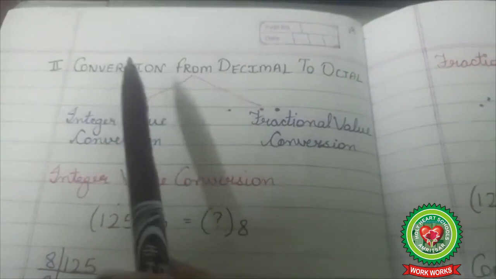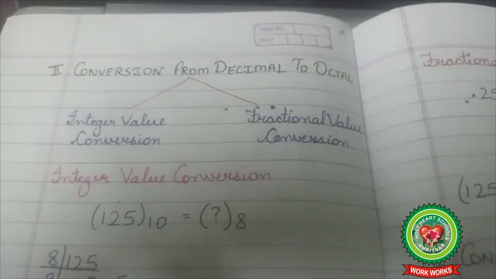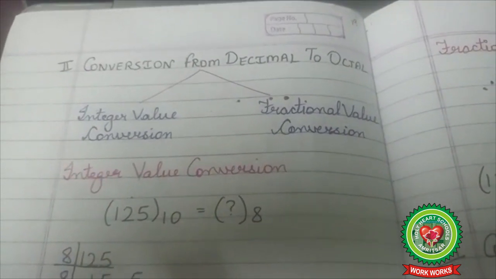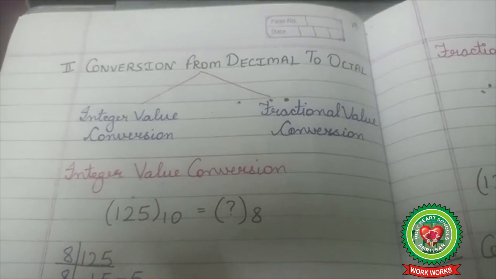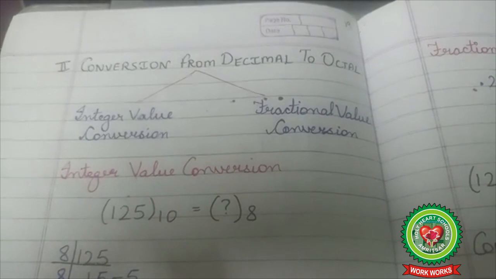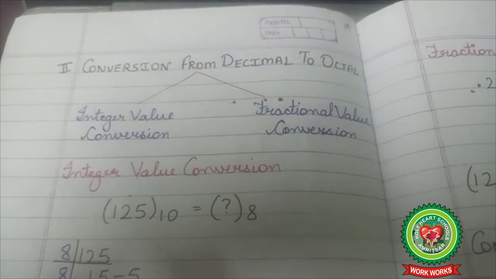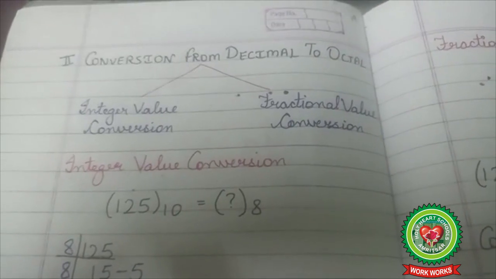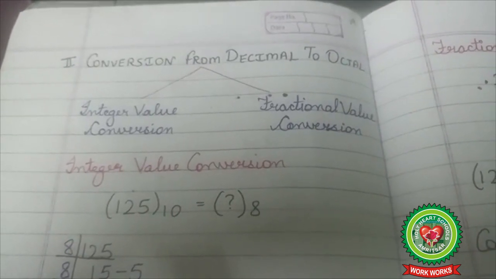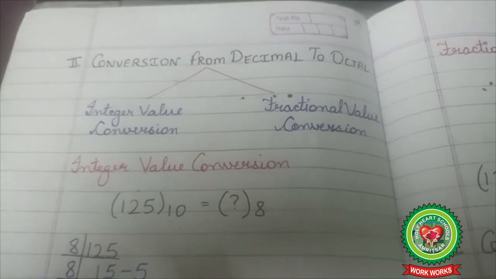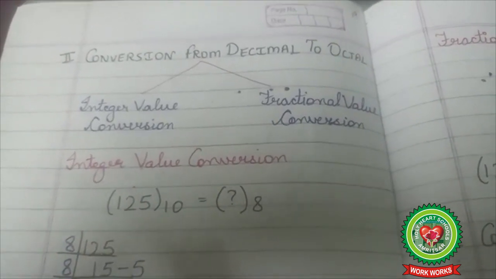Now we will learn the second conversion, that is conversion from decimal to octal. Again, it is further divided into integer value conversion and fractional value conversion. Students, you have noticed that in binary numbers, the base is 2, so we divided the number by 2, and in fractional value, we multiplied the number by 2.